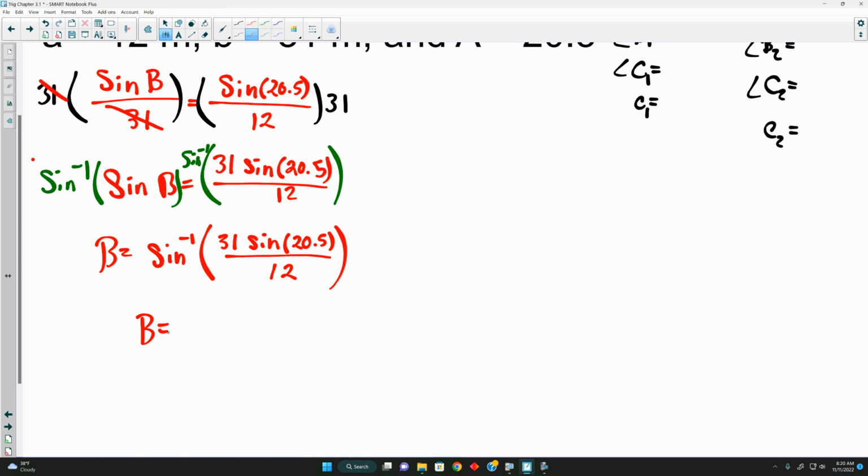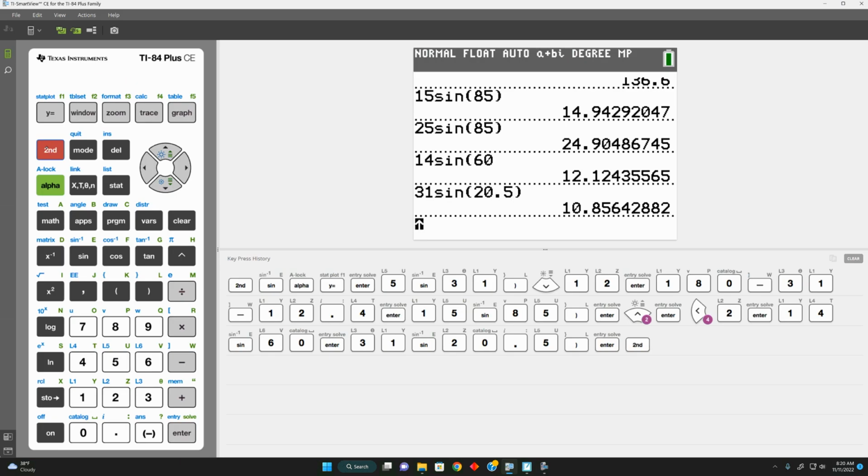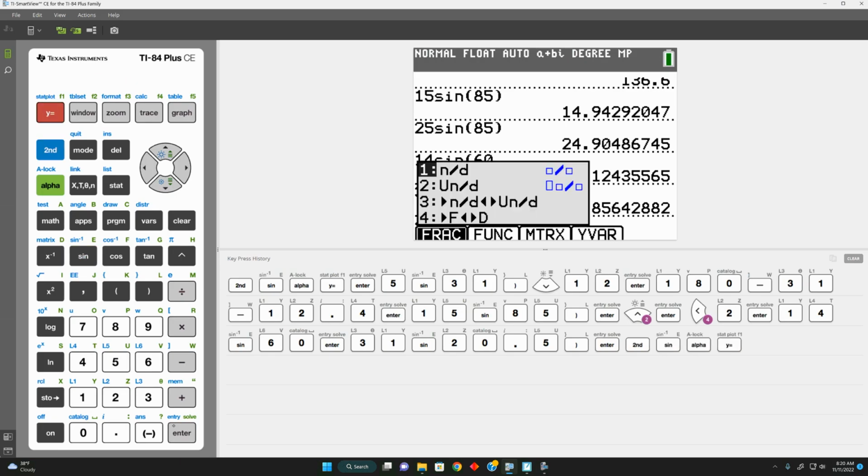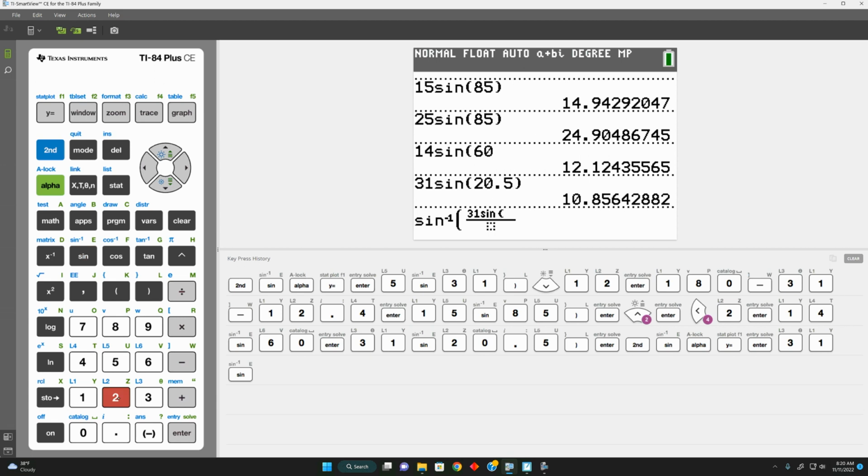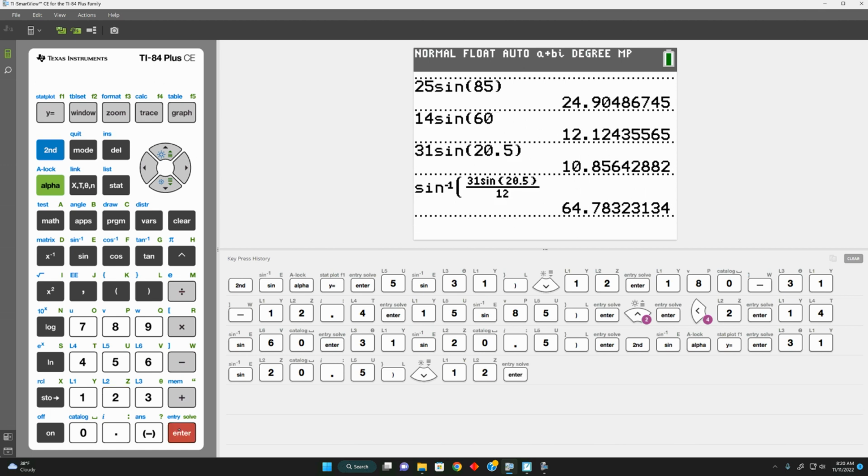Would we agree with that? 31, 20.5, 12. Sine inverse of that over 12. I believe I typed that incorrectly. Enter. We get 64.7832.